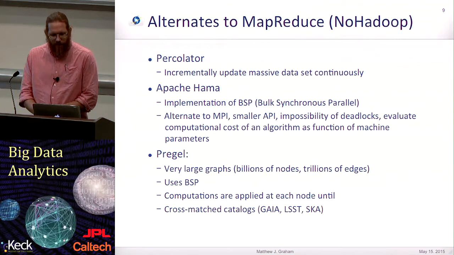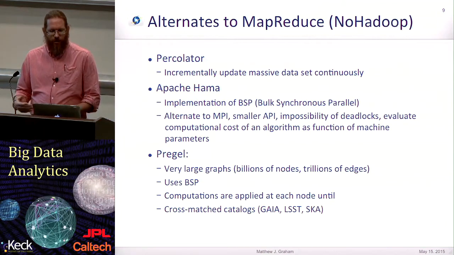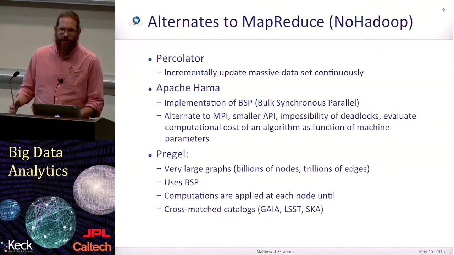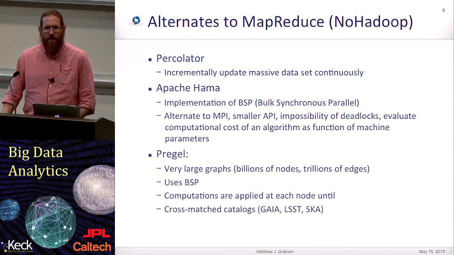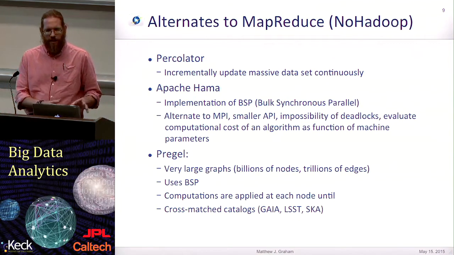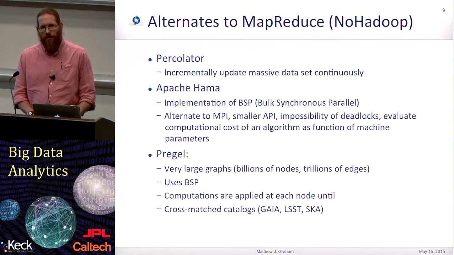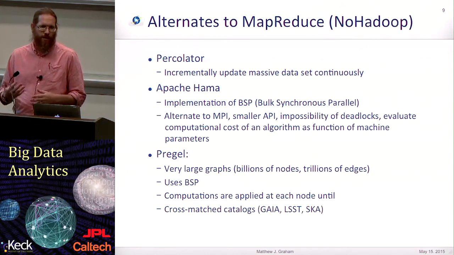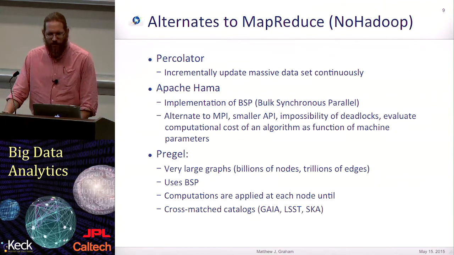There's a project called Percolator, which came out of Google, and the idea is that it allows you to incrementally update massive data sets continuously, working in that sort of streaming fashion, and it provides an infrastructure for working with that sort of data set, more so than a very static one. So it's aimed very much at web-scale things where you've got constant feeds of Twitter tweets or Facebook updates or whatever coming in.